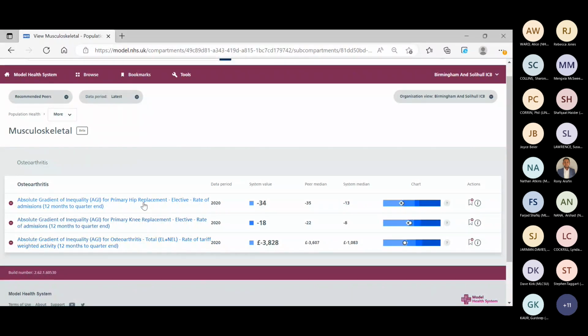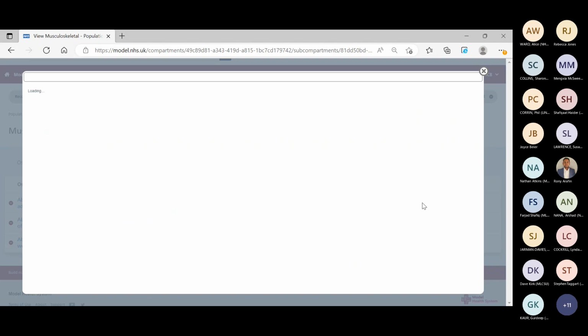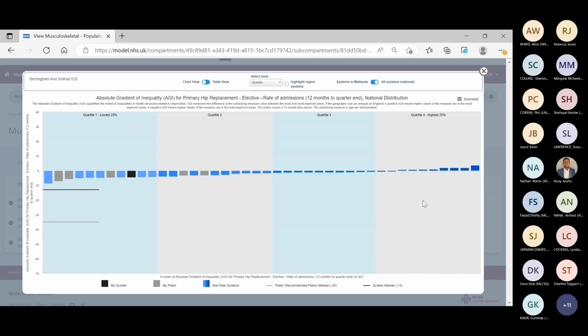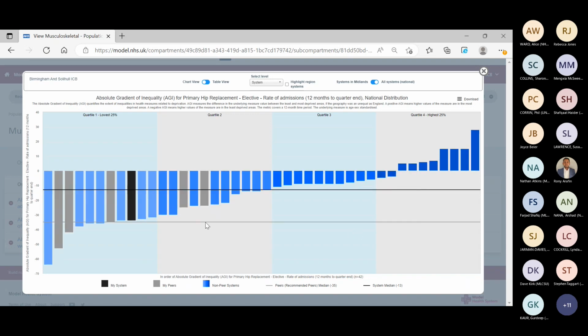For example, in this case, primary hip replacements, so the rate of admissions, again age-sex standardized. I'll just click into the chart first, and then I'll give a bit more of a description. It's a bit slow loading, apologies. What you can see here is that most of the ICBs in England actually have a negative gradient.